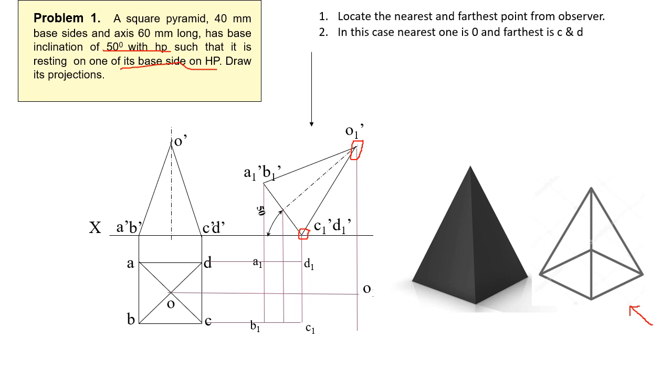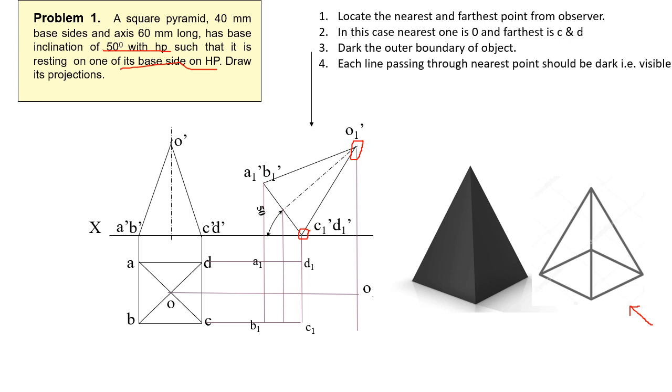After locating the nearest and farthest points, whatever points you have located in the top view, connect all those points by the outer boundary. Now these are the 5 points, so connect these 5 points by the outer boundary.